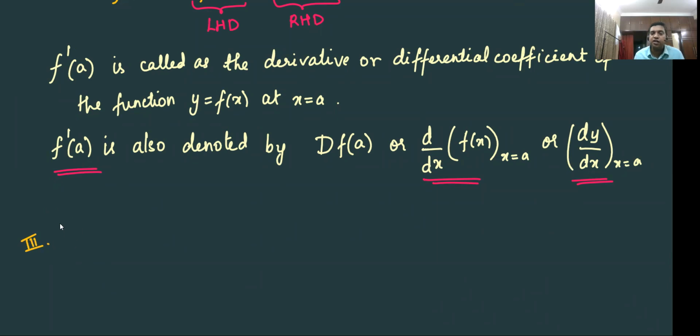So far we discussed derivative at a point, and what we mean by a differential coefficient. We just did one example to show how a function is not differentiable. We first discussed differentiability at a point. Now we are discussing differentiability in a set.